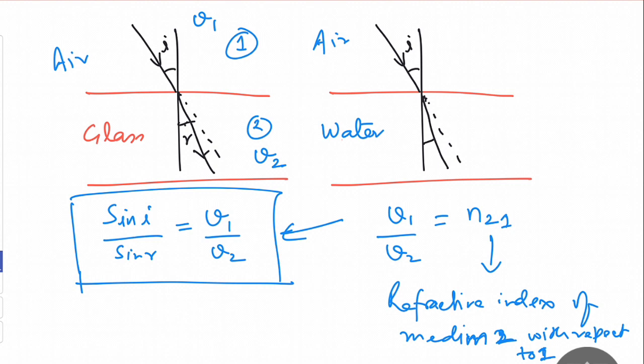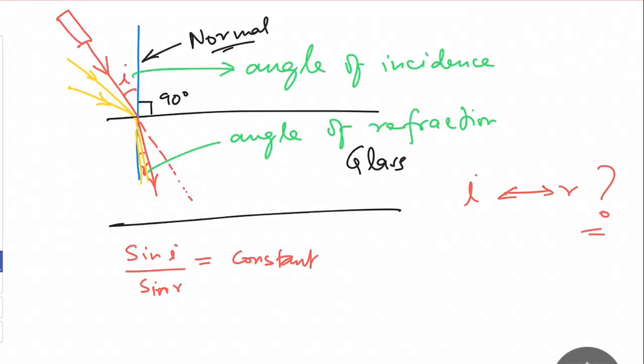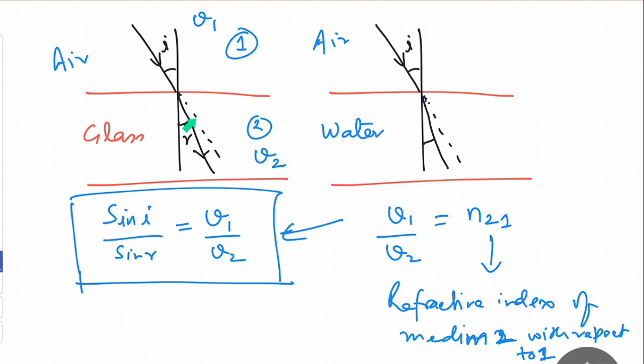Okay, children, take the notes. On the first page, I want you to draw this diagram with I and R, and the observation is that sin I upon sin R is equal to constant. On the second page, we observe that this sin I upon sin R is not the same for different media. It depends upon which two media, and this is equal to the ratio V1 upon V2. Finally, V1 upon V2, we give it a name. We call it refractive index of medium 2 with respect to 1. Remember, it is not refractive index of medium 1 with respect to 2.